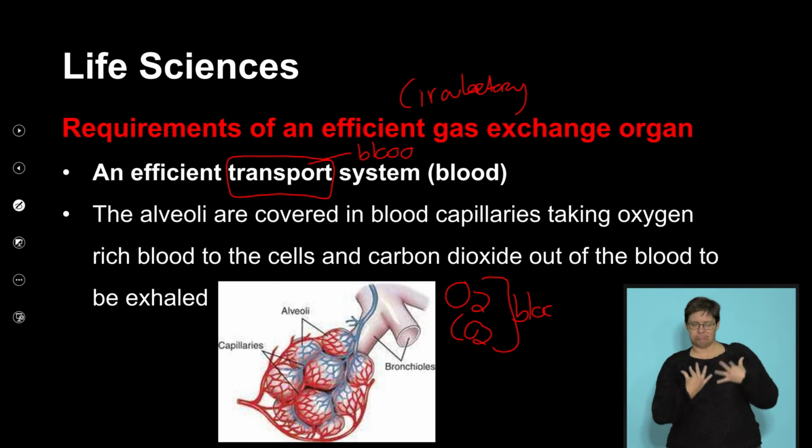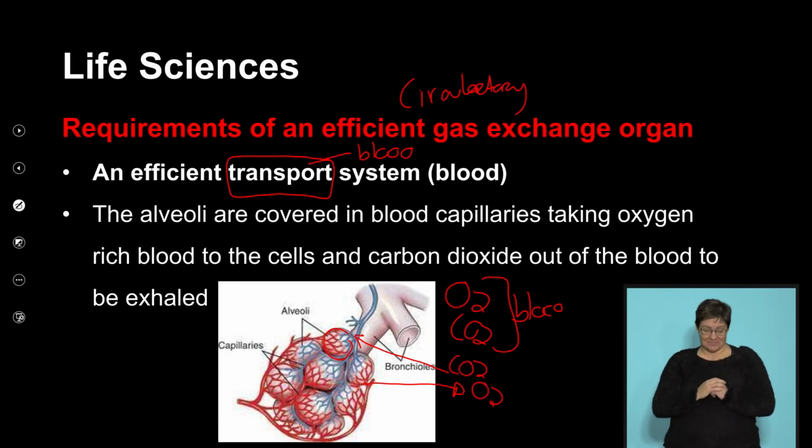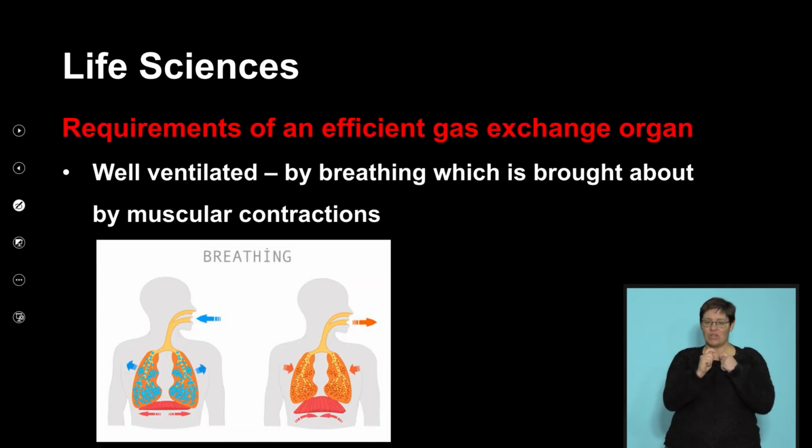If you have a look here, these are millions of tiny alveoli, and they are covered by millions of tiny capillaries. And what can you see? The blue ones are bringing deoxygenated blood in, and the red ones are going to take that lovely fresh oxygen to the rest of the body. It doesn't help if you don't have a transport system.